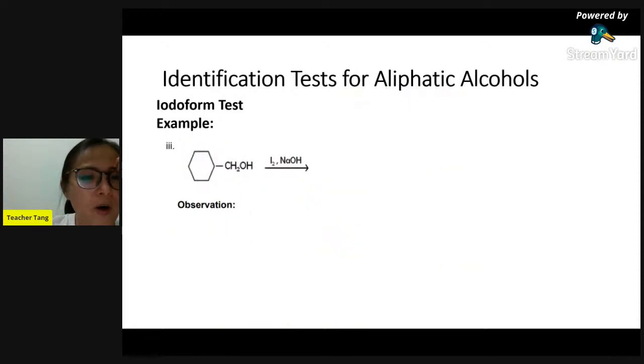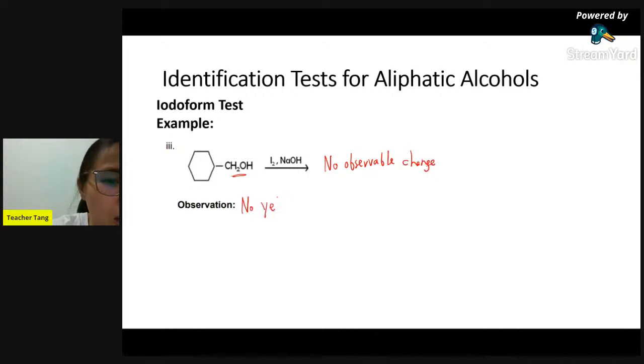So now we move on to look at the next one. Look at this one, there is no methyl carbinol group. So if there is no methyl carbinol group, it cannot react with iodine and NaOH. So if it cannot react with iodine and NaOH, then we get no observable change. In the equation, we write no observable change.